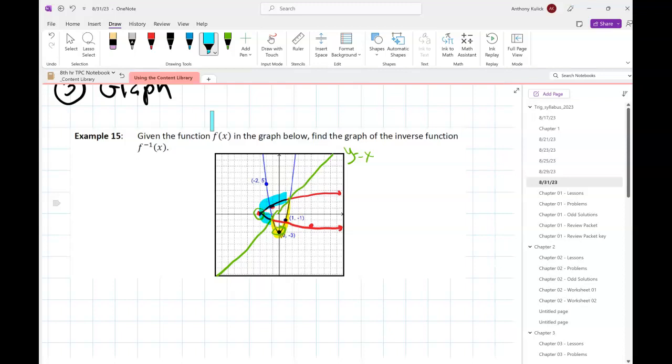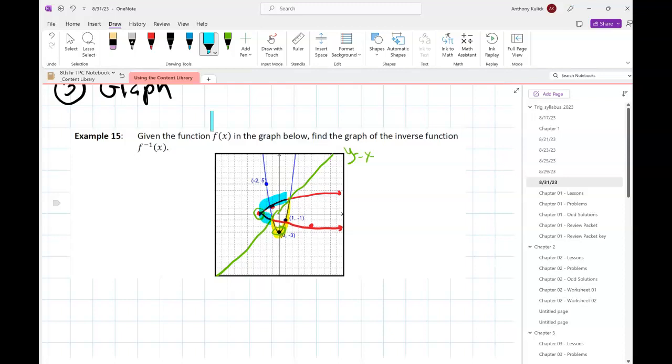Now, I think that's really hard to visualize and to do. I find it much easier to transpose the points, but I like drawing that line in afterwards as a check. Because when I draw the line in and I look, I'm like, okay, that looks like a reflection across that line. To actually do the reflection myself is kind of hard. But drawing it in afterwards, I'm like, that looks good.